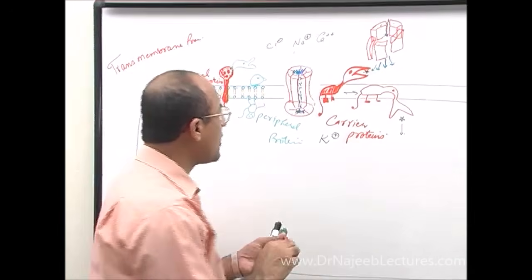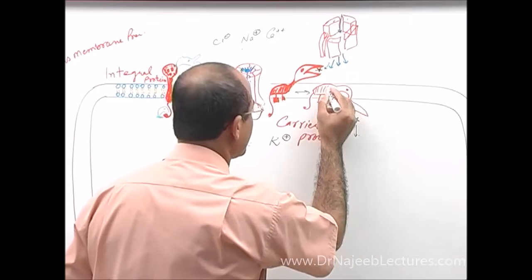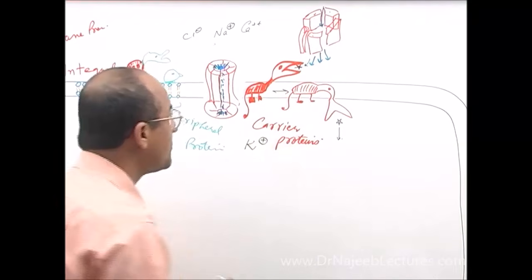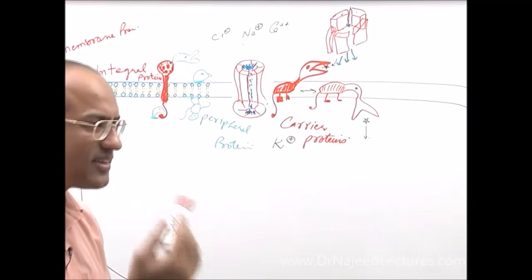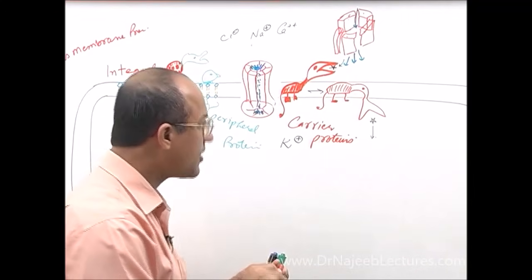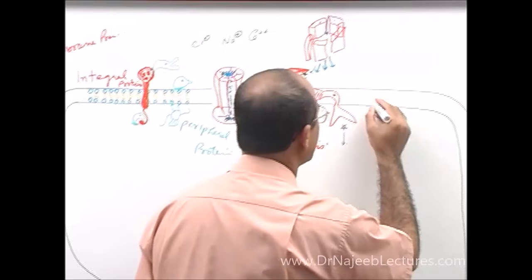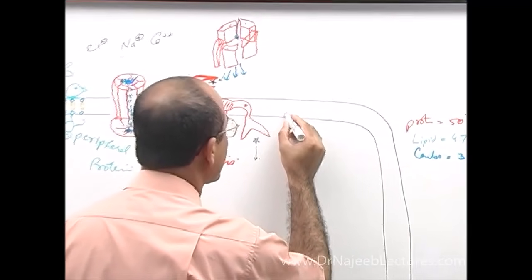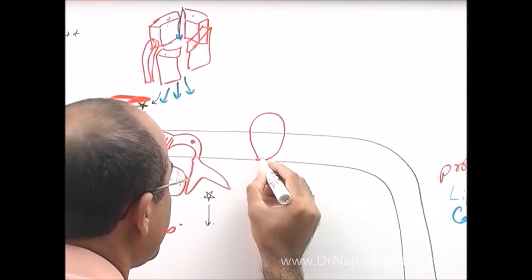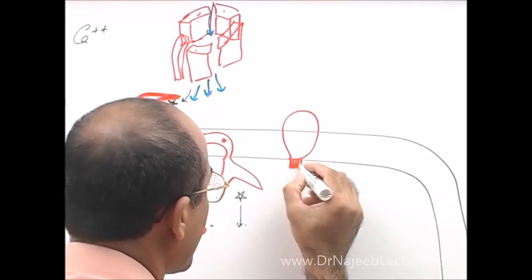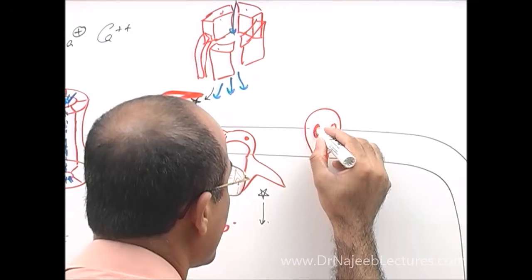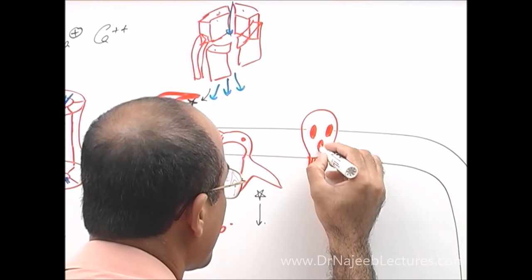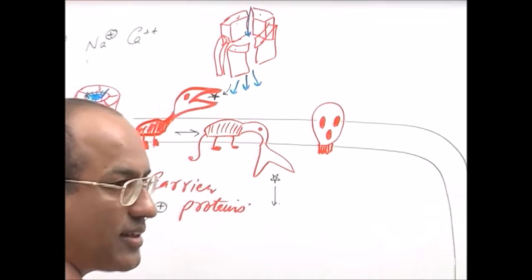Then there is another group of course, this beautiful design should be there also. So these were channels, these are carrier proteins. Then there are some other proteins also which are present throughout the membrane. Right?